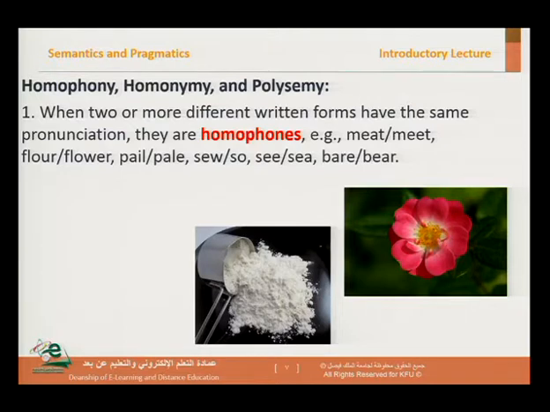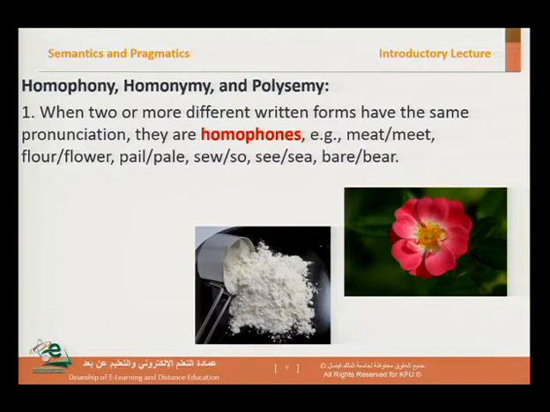What about meat and meat here? These are two different words. Well, first of all, one of them is a verb, one of them is a noun. But not just that. The way we write them is different. Meat, M-E-A-T, versus meet, M-E-E-T. So we write them totally differently, but we pronounce them the same. In this case, we call these homophones.